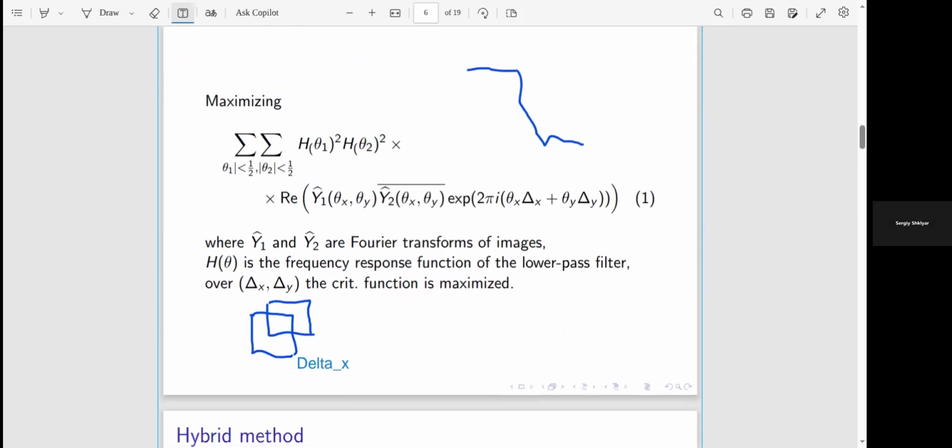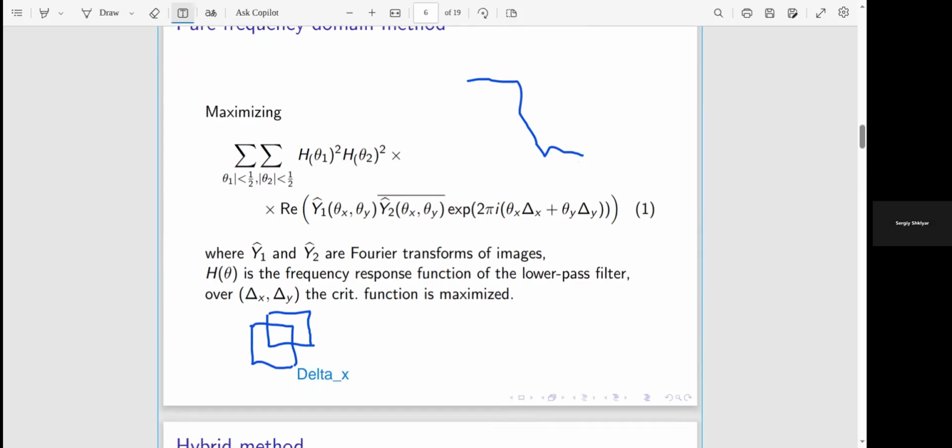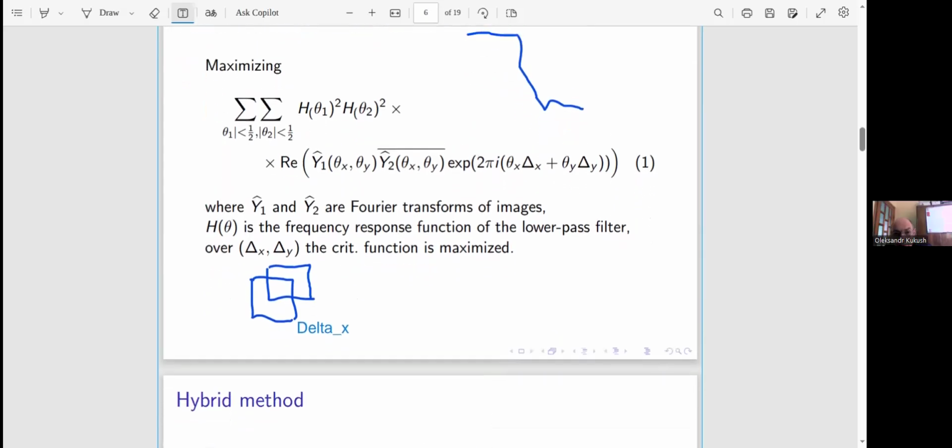A double sum, because perhaps it is easier to explain if we have not a two-dimensional picture, but a one-dimensional function. It is a double integral.